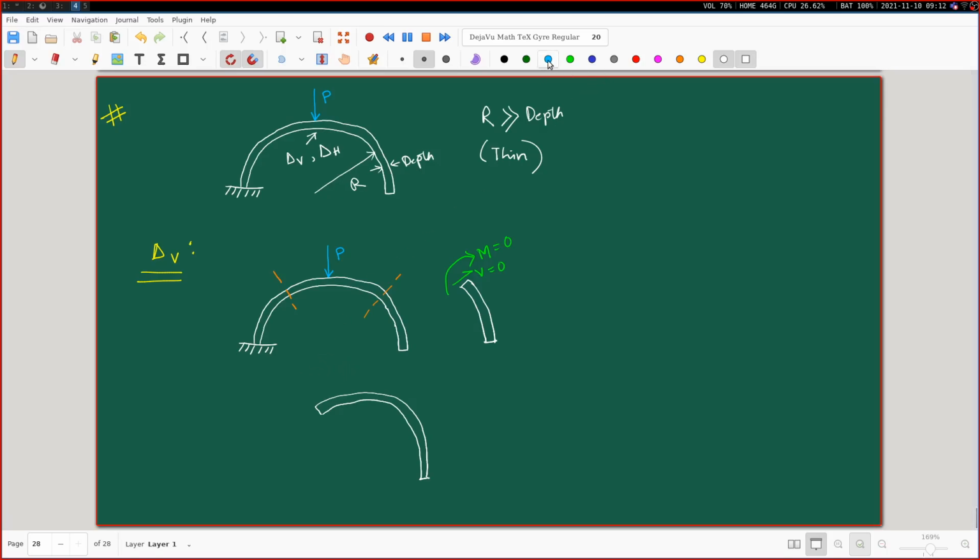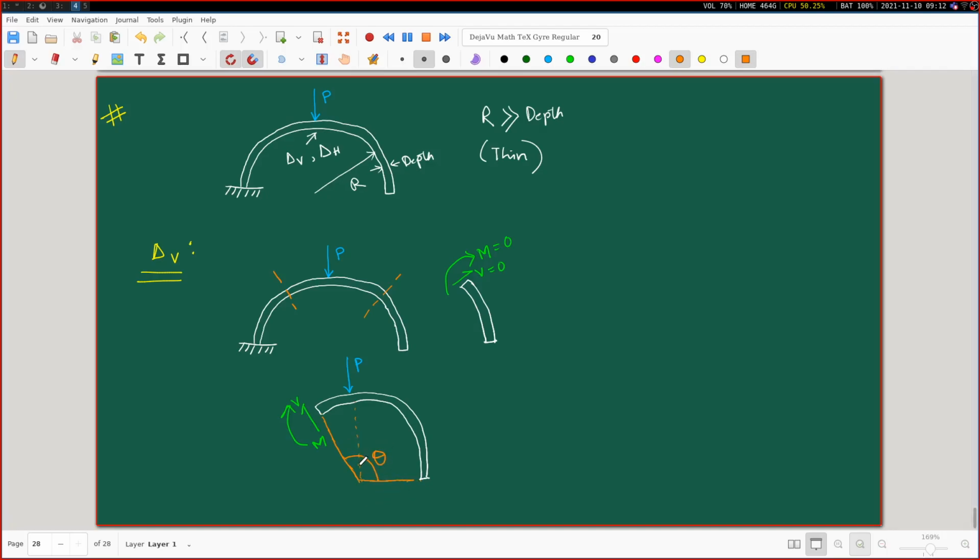So we have this force. This is a very bad diagram actually. Just bear with me. So I have this moment M here and this shear force V. Also, this entire angle is theta.